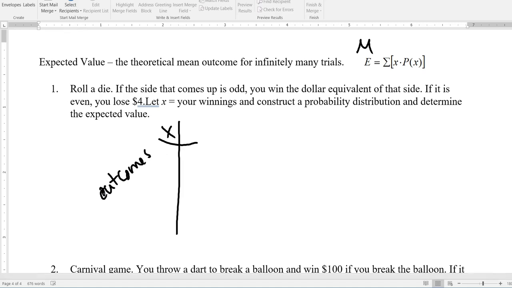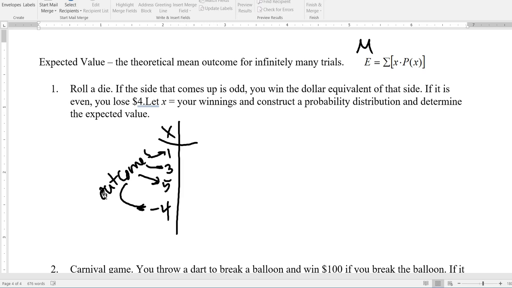And our outcomes are either you win the value if it is odd. So that means I could win $1, I could win $3, I could win $5. Why didn't I list the 2, 4, 6? Because for the 2, 4, 6, the outcome is we lose $4. List the outcomes.